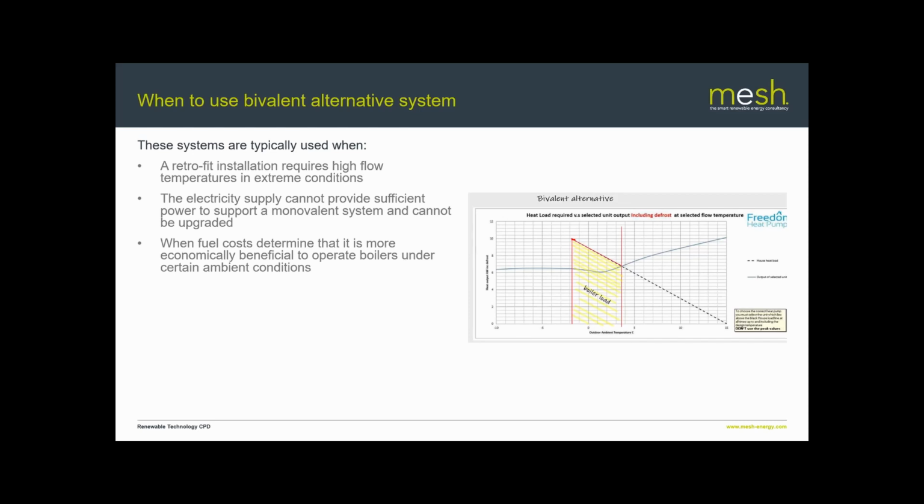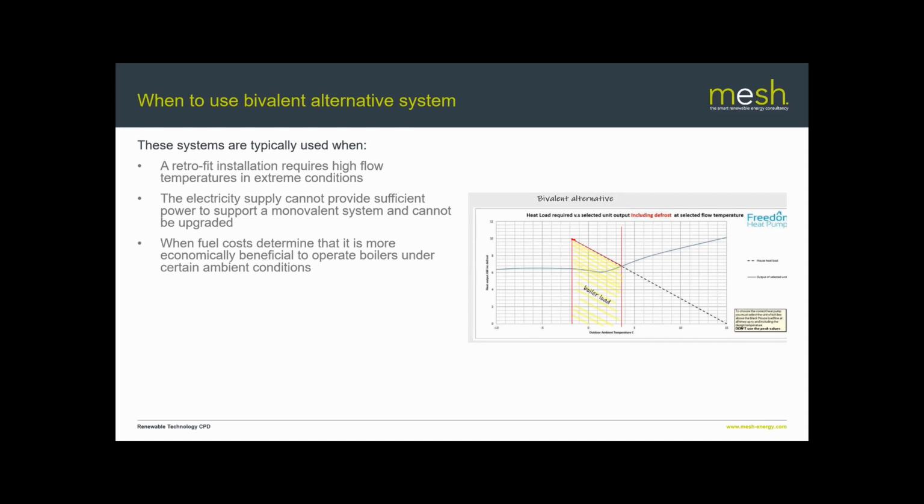So if your heat pump's giving you a COP of 4 at 0 degrees, but the COP will tend to rise with ambient temperature, what you might find is that when you work out the maths, it's actually cheaper to run a boiler below a certain ambient temperature. So you can then set your bivalent point based on where you want to switch over to the boiler, because it's going to be cheaper to run it that way.